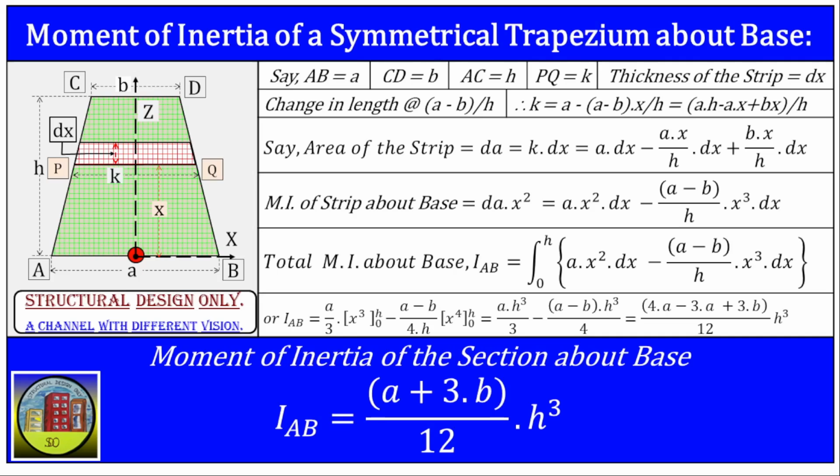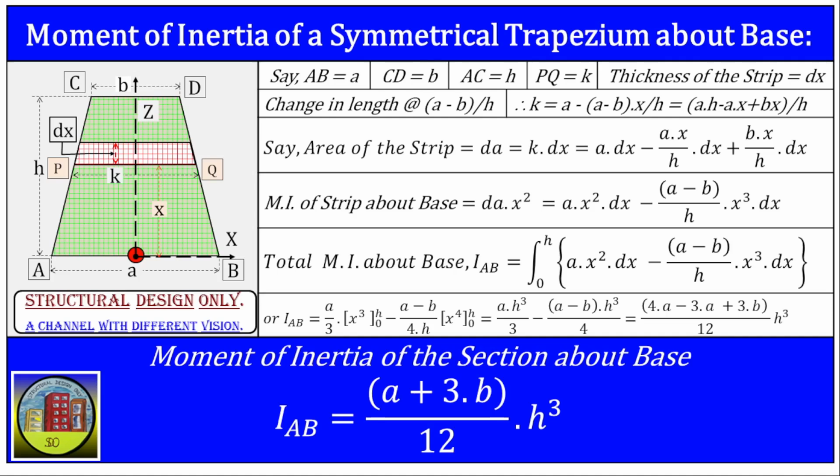Performing the integration, we get IAB equals a by 3 multiplied by x cube, evaluated from 0 to h, minus (a minus b) by 4h multiplied by x to the power 4 evaluated from 0 to h.